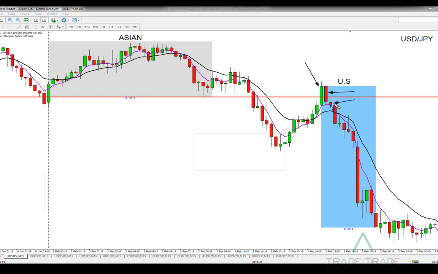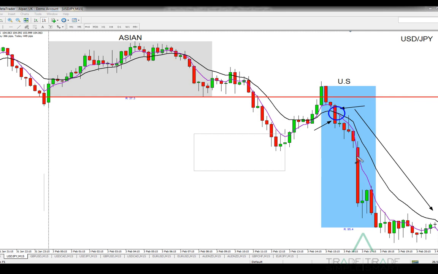We receive confirmation on a second candle, but then we receive a moving average cross once we have a third candle to the downside. So once we saw a close of this third candle and we had the moving average cross, we can then enter into the trade and be back in line with the smart money trend.